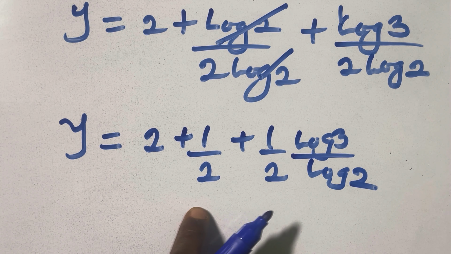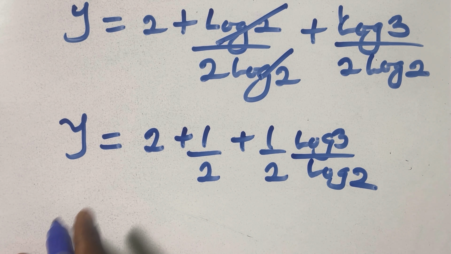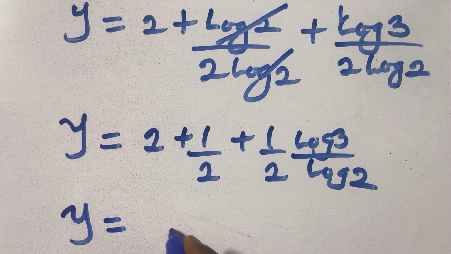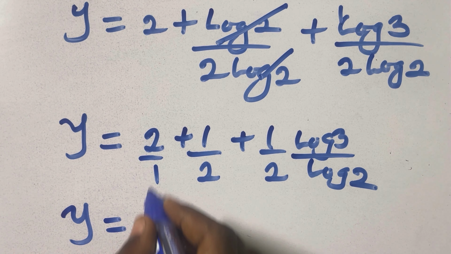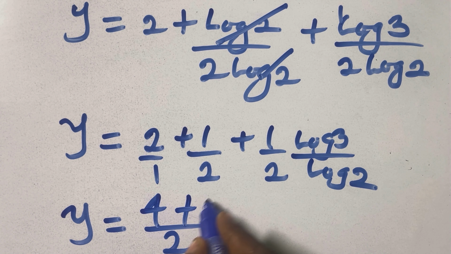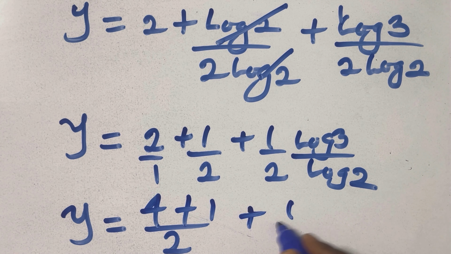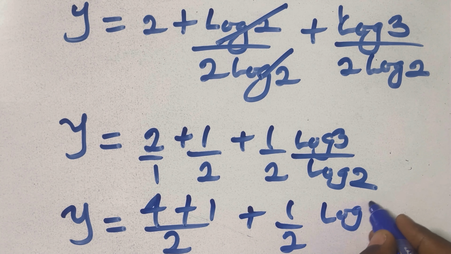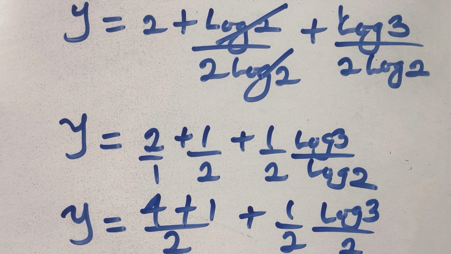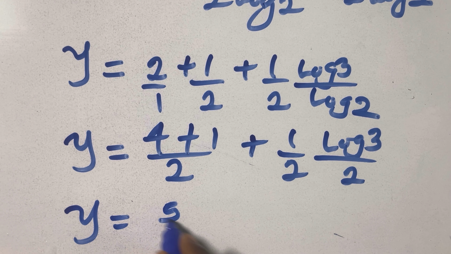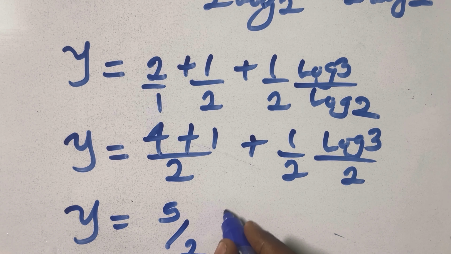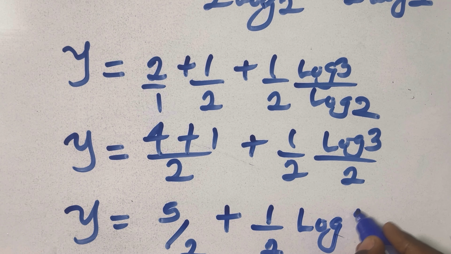We're going to do something here by finding the LCM and simplifying this. The LCM here is 2. 1 in 2, that is 2. 2 times 2, that is 4. Here will be 1 plus 1 divided by 2 log 3 divided by 2. And what we are going to have at the end is 5 divided by 2 plus 1 divided by 2 log 3 in base 2.